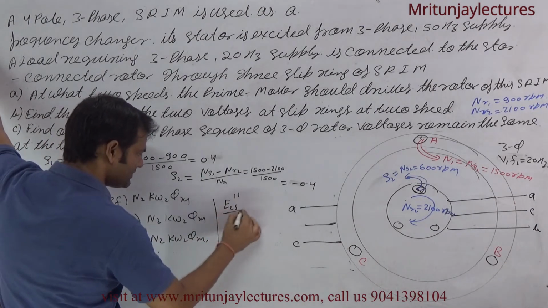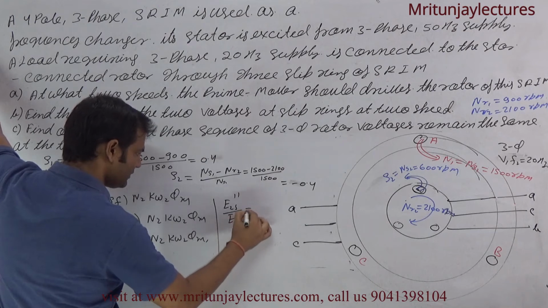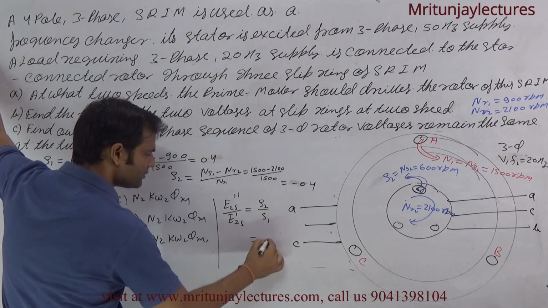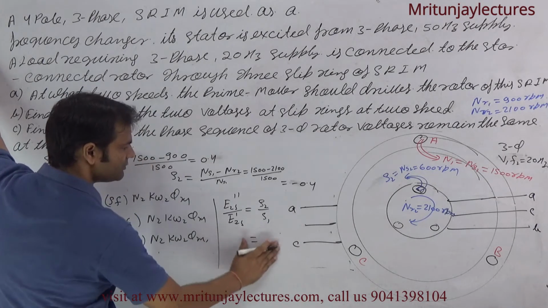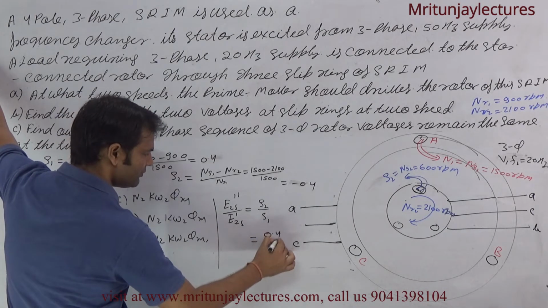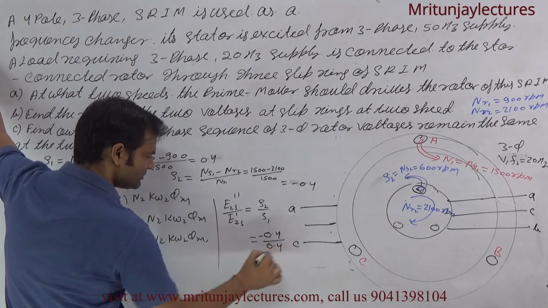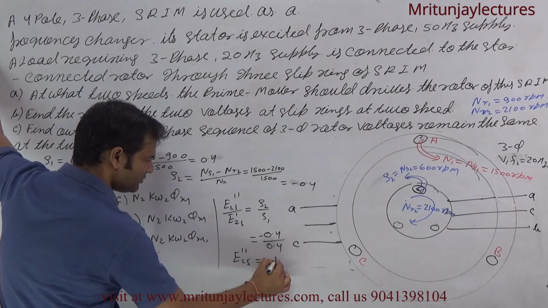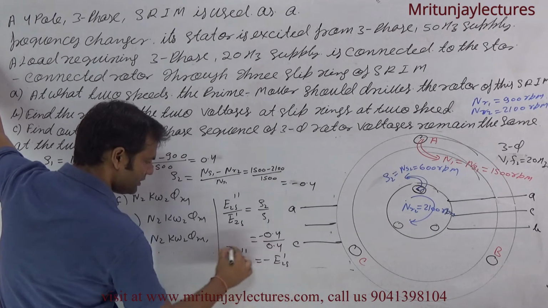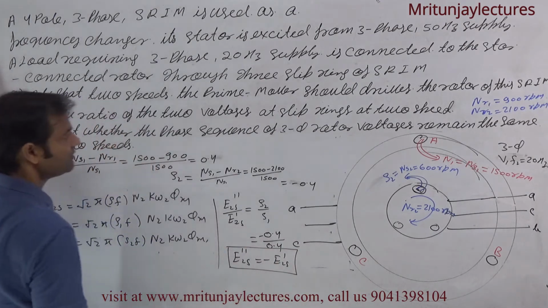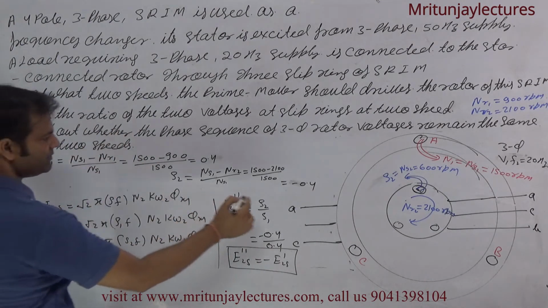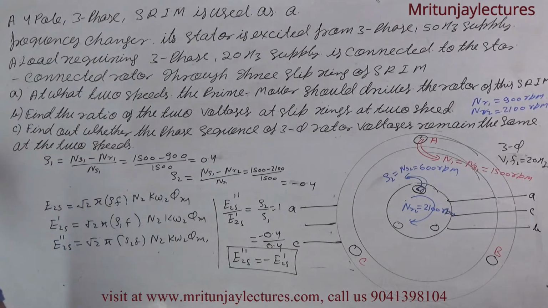E2 double dash divided by E2S will equal S2 by S1. So finally we got, because of this one, 0.4 and minus 0.4, this one 0.4. So E2S is equal to minus E2 double dash. Means for both, find the ratio: first of all, the ratio magnitude-wise is 1.